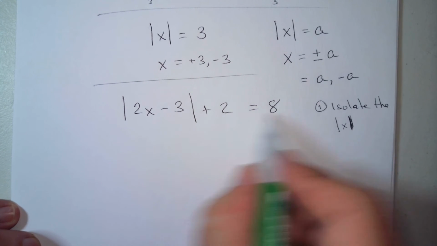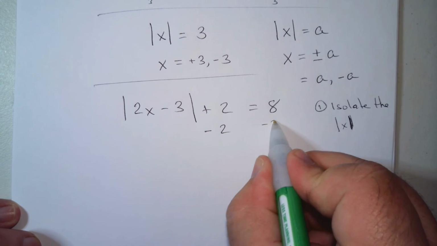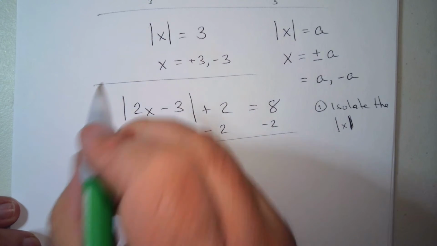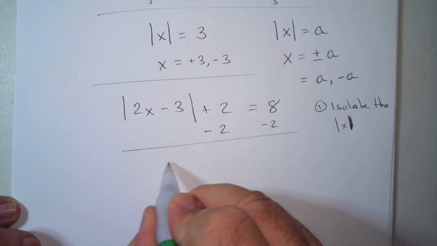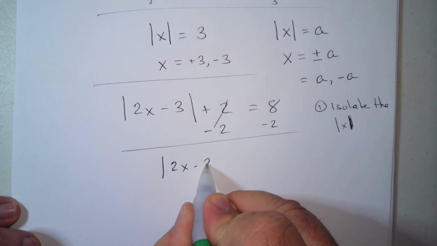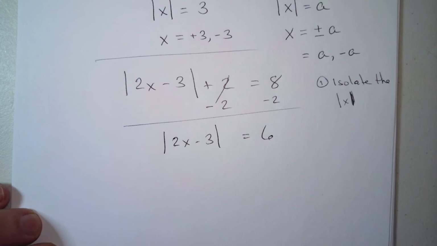So anything plus or minus we have to get rid of, or multiplied or divided also. So subtract 2 in this case. So those cancel. So I have absolute value of 2x minus 3 equals 6.